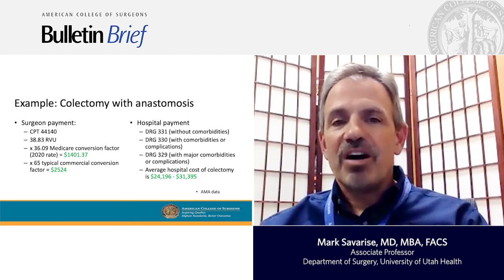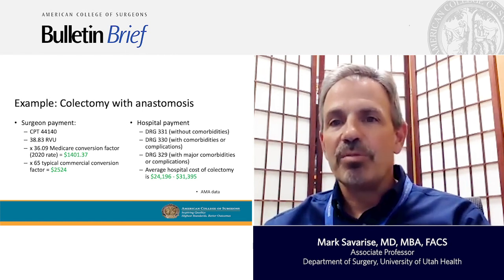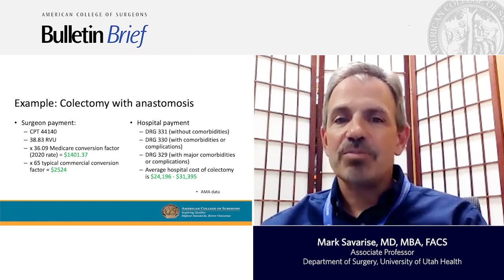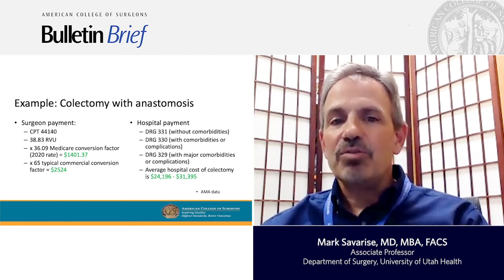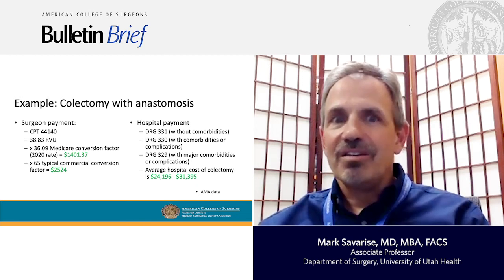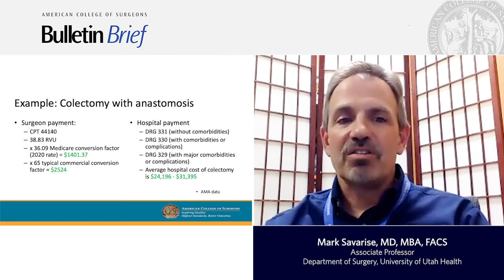But compare that with the hospital payments. So for the hospital, they get paid based on 3 DRGs, depending on the number of comorbidities or complications associated with this. And the average hospital cost of colectomy is between $24,000 and $31,000, a difference of about a factor of 10 from what the physician gets paid for this.